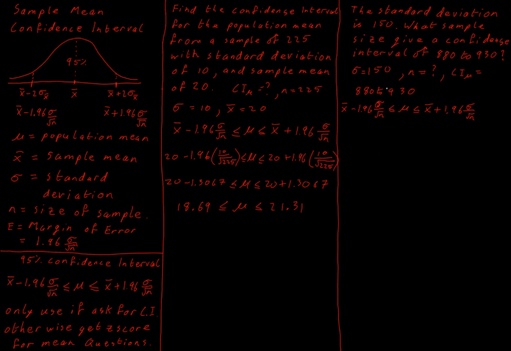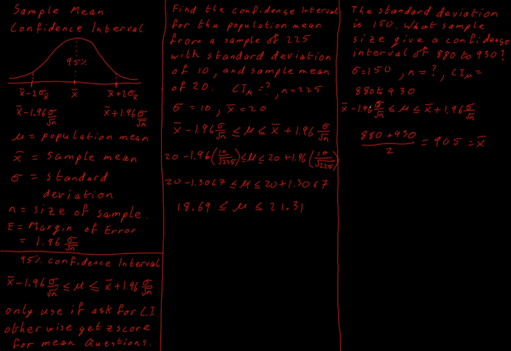So if we get the average of these two, the midpoint of those two, there's a few different ways to do this particular question, and if you prefer to do it a different way, it's perfectly fine. So when we do that, we get 905 for x bar, because that's halfway between the boundaries of our confidence interval.